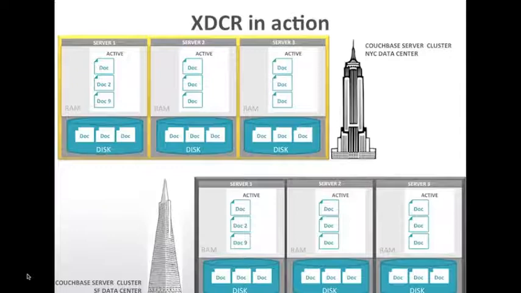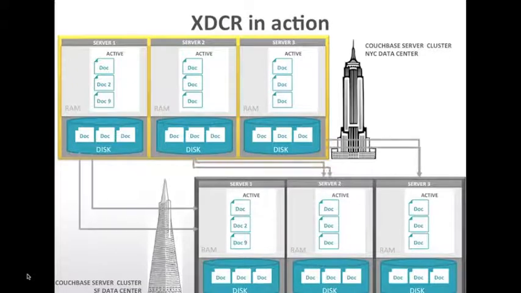So in this case, what we do is we set up replication streams between the two data centers, and as I mentioned before, these replications can be set up on a per bucket basis, which is on a per database basis, right? So now we have a unidirectional replication going from cluster one, the New York data center, to the San Francisco data center. The replication streams are set up.